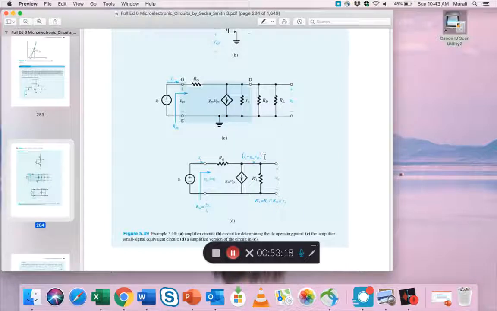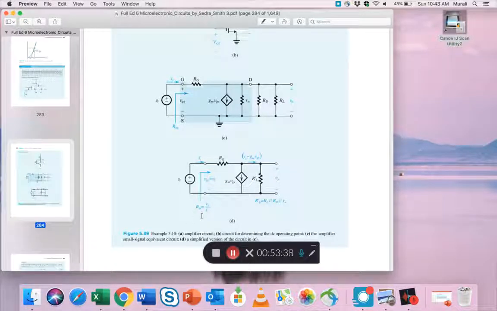So that's what he does. In part D, he takes these three, clubs them together to come up with RL prime as one resistance, and then we have RG, and that's it. It's a simple circuit now to analyze, right? R input, right?